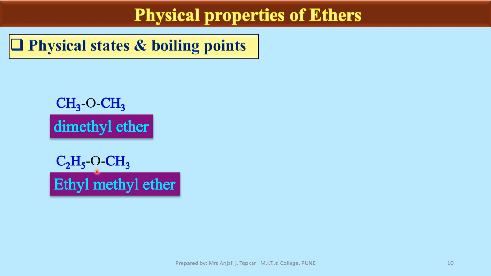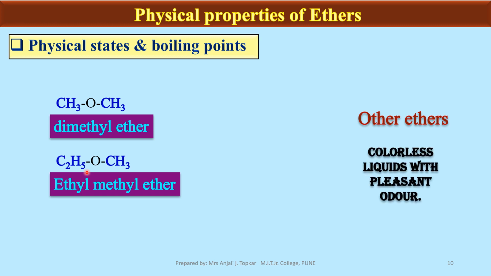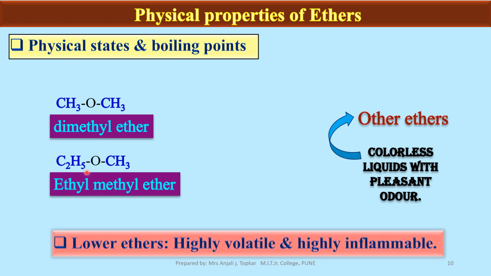Dimethyl ether and ethyl methyl ether are gases. Other ethers are colorless liquids with pleasant odor. Lower ethers are highly volatile and highly inflammable.